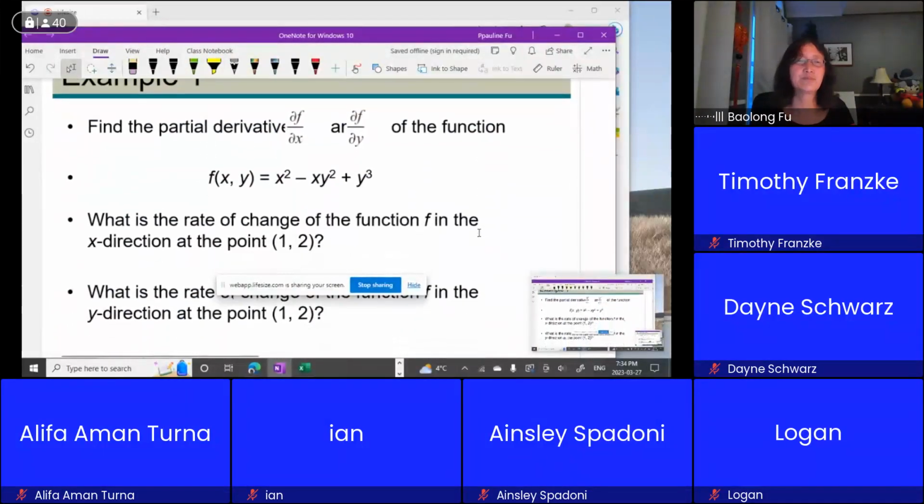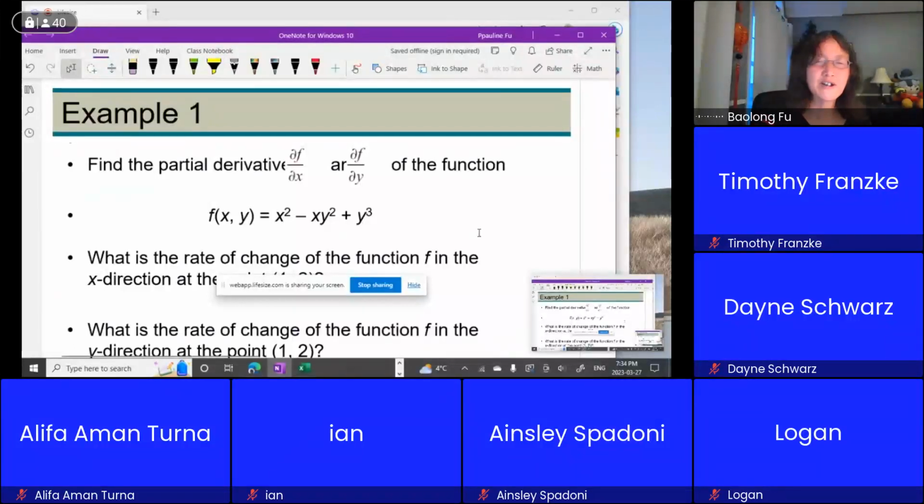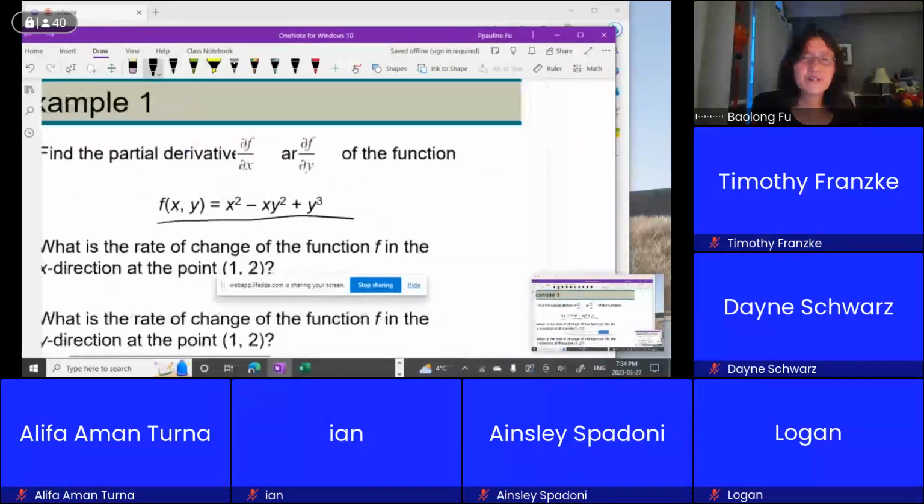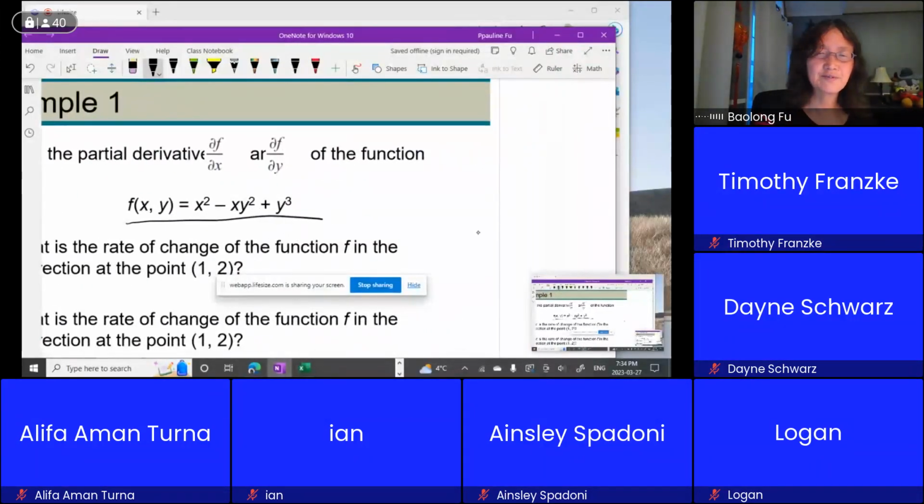So let's take an example. Find the partial derivatives df/dx and df/dy of the function. Let's do df/dx. df/dx means you only take the derivative relative to x. Take y as constant.